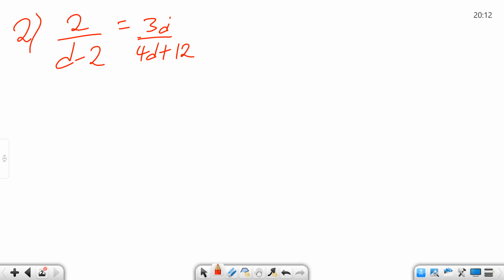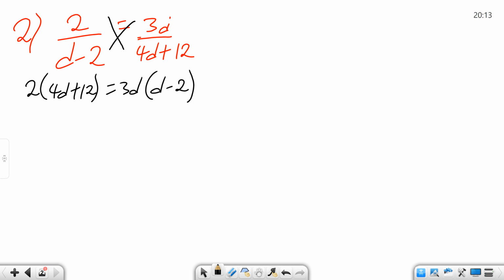Since we have a single fraction equating a single fraction, we can simply cross multiply, and we have 2 into 4d plus 12 equals 3d into d minus 2. So we open the bracket. 2 times 4d gives 8d, plus 2 times 12 gives 24, then equals 3d times d gives 3d squared, then minus 3d times minus 2 gives minus 6d.